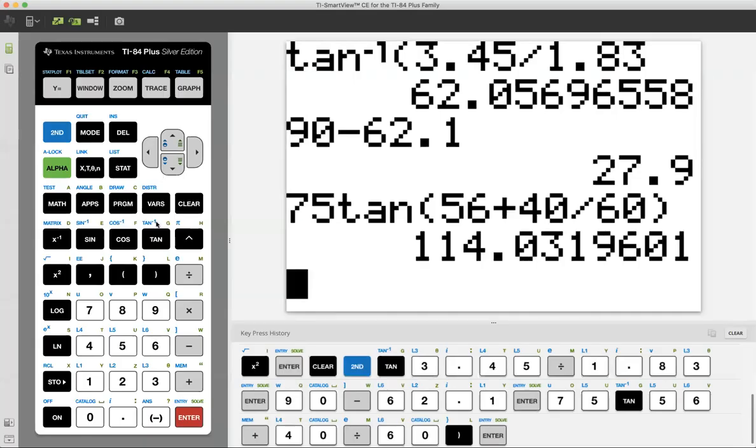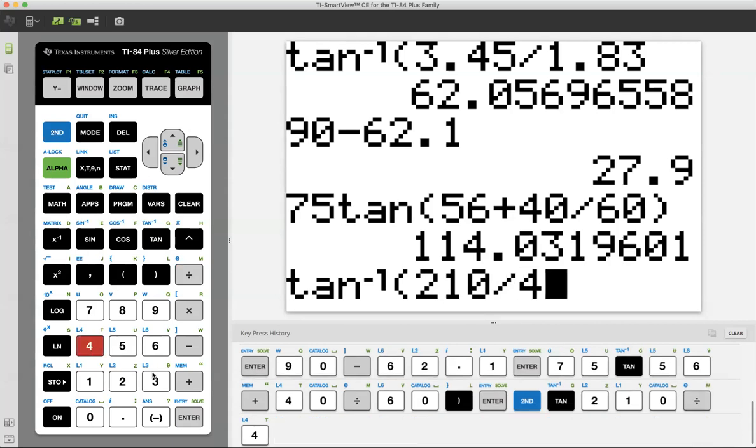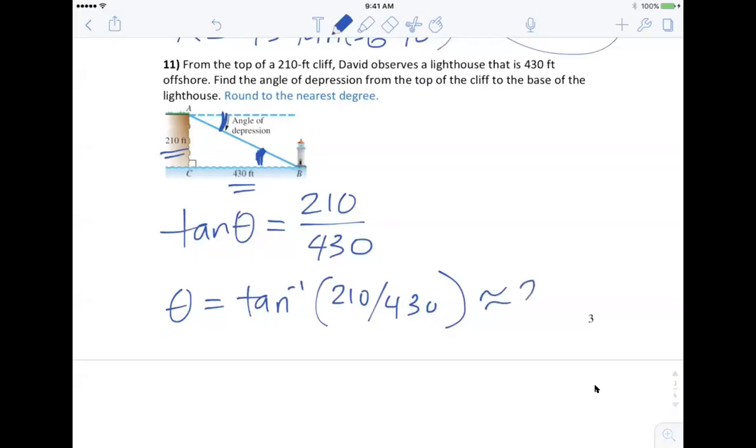So I'm doing second tan. Let's get that tan inverse. And then 210 divided by 430. And it said round to the nearest degree. So that's about 26 degrees. And we are good there. Okay. So approximately 26 is the angle of depression.